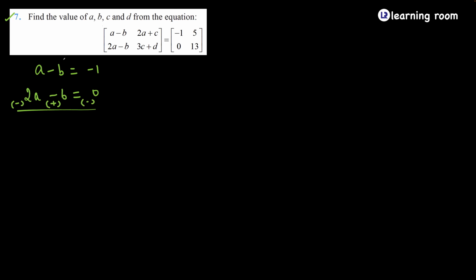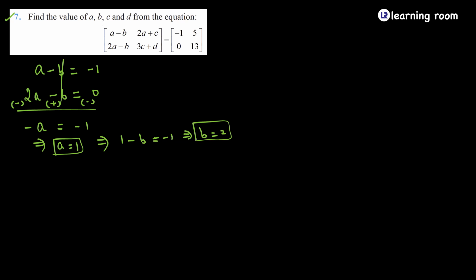So when you cancel them, it will be minus a is equal to minus 1, which implies a is equal to 1. So when you substitute a is equal to 1 here, 1 minus b is equal to minus 1, which implies b is equal to 2. So a is 1, b is equal to 2.